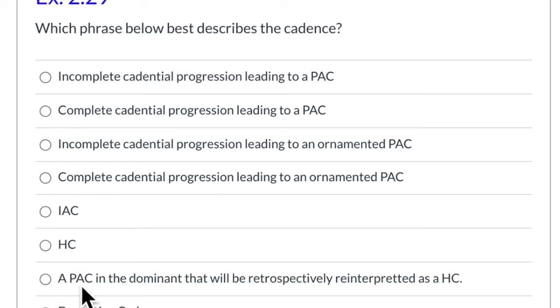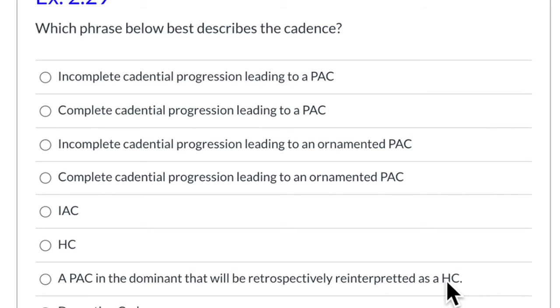A perfect authentic cadence in the dominant that will be retrospectively interpreted as a half cadence. So you're in our favorite key of C major, and the cadence is 5, 7 of 5 going to 5, such that it looks on paper as if it's a perfect authentic cadence in the key of the dominant.